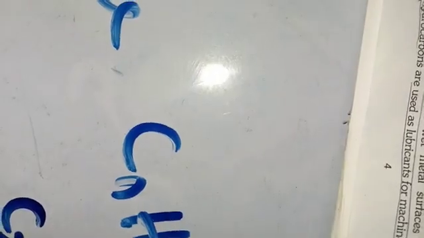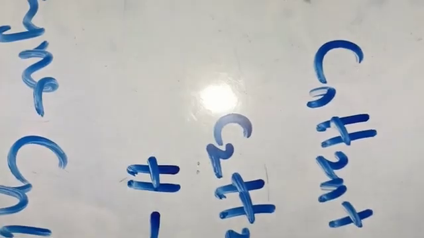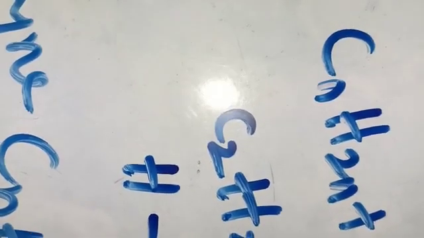For example, for a family, that is for alkane, the formula is CnH2n+2. If it's alkene, you find the formula to be CnH2n. If it's alkyne, that will be CnH2n-2.